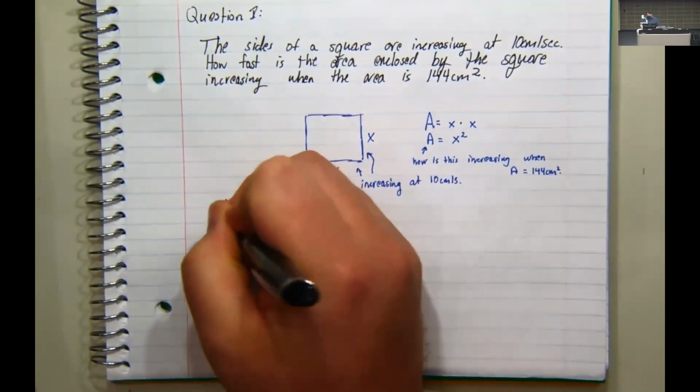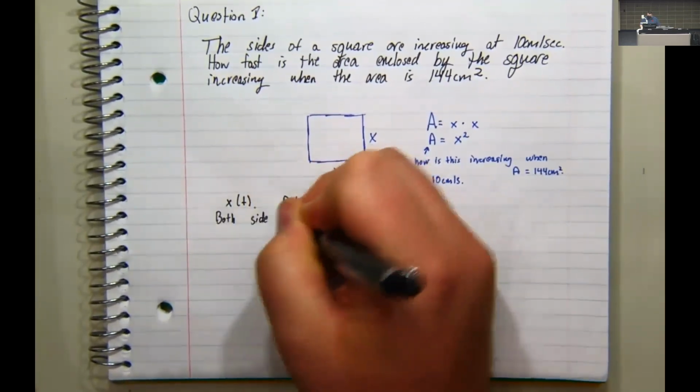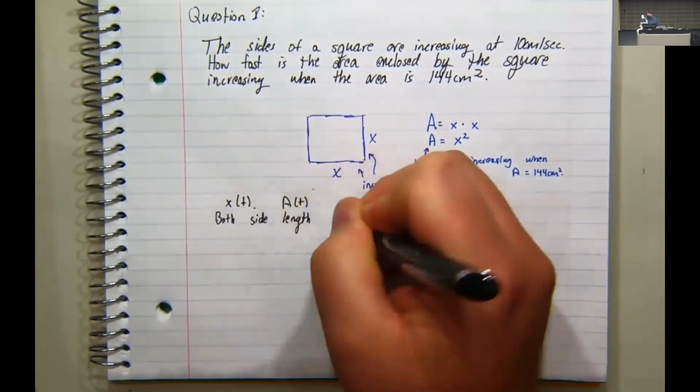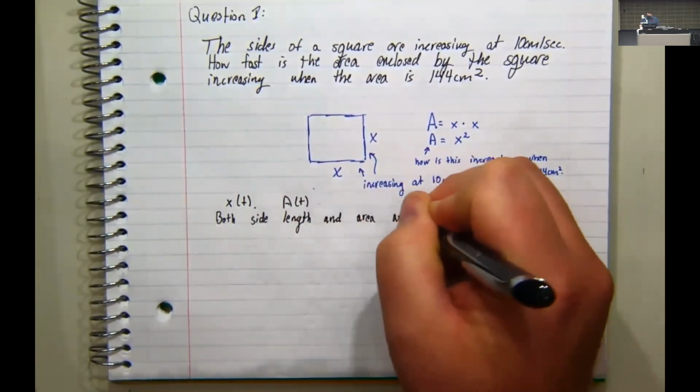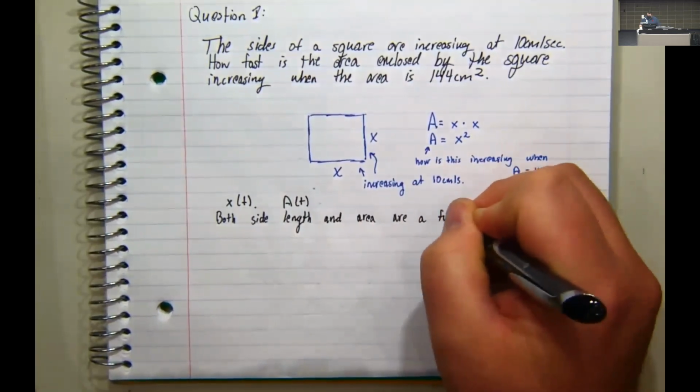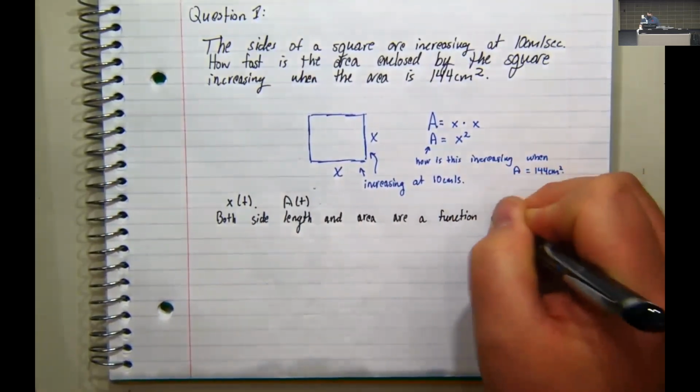So both side length and area are a function of time.